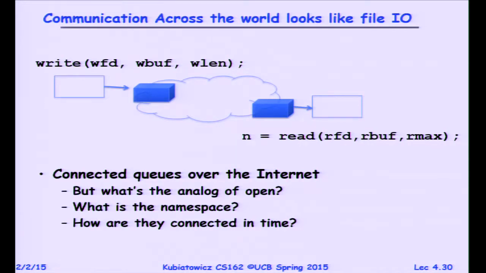Open means get myself a file descriptor that allows me to tie into all of that mechanism I just told you about to talk to the file. But this is kind of funny. What does open mean? And you might also ask, what's the namespace? For files, it was pretty clear, /home, /users, /whatever. There's an obvious namespace for files, but what is the namespace for the internet? Anybody want to take a stab at that?